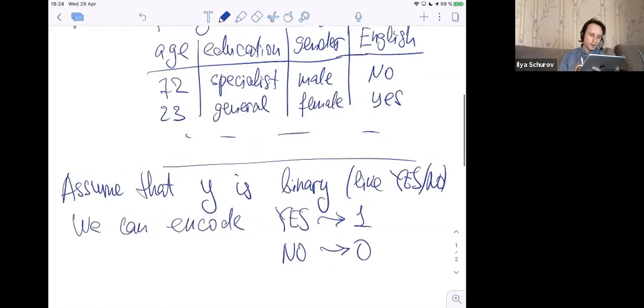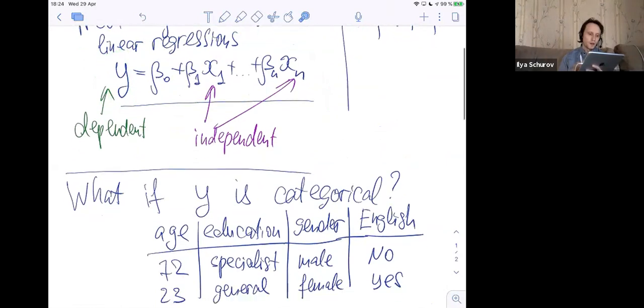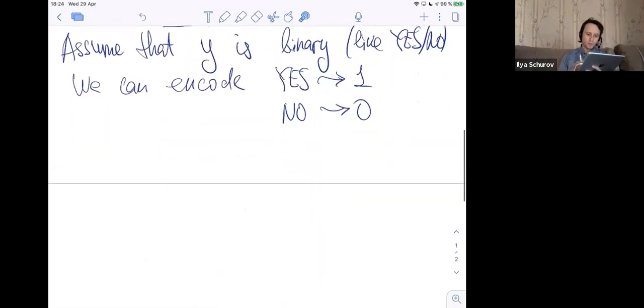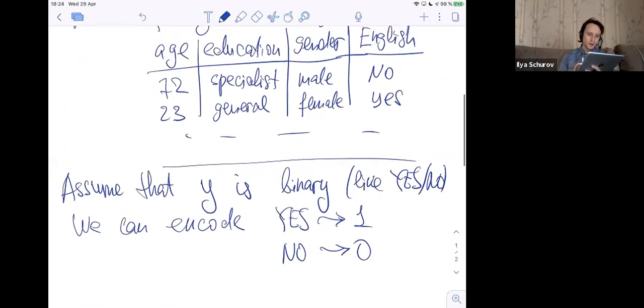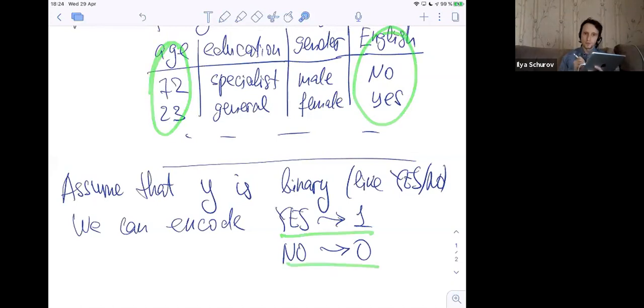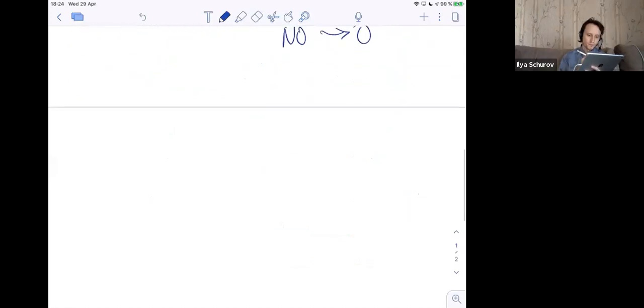Then we probably can just plug this formula in as is, by considering this variable as 1s and 0s. But let me draw a picture. For example, I will use only 2 variables now, this age and this English, which is encoded in this way. Then I can get something like this.